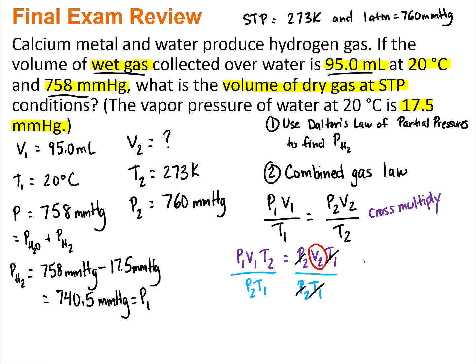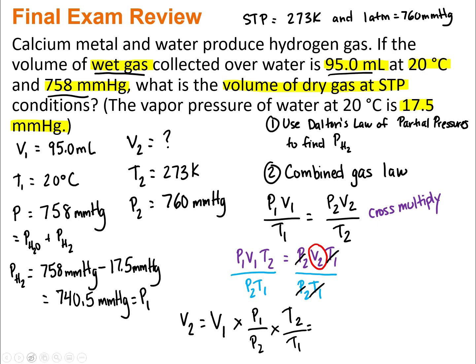Let's rewrite the expression. We've got V2 on one side. We can pull out V1. So that's the equation that we end up with.